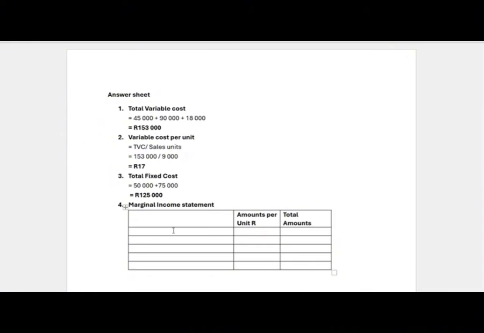Now this is what we are going to do. Remember, we are preparing the marginal income statement. So the format for the marginal income statement is sales, less variable cost, and then you're going to get marginal income.